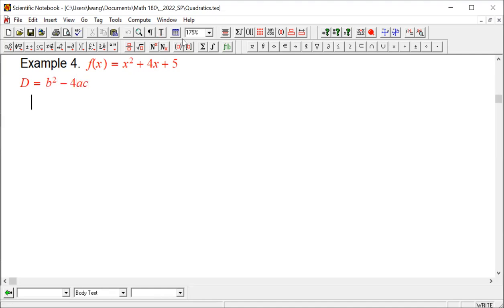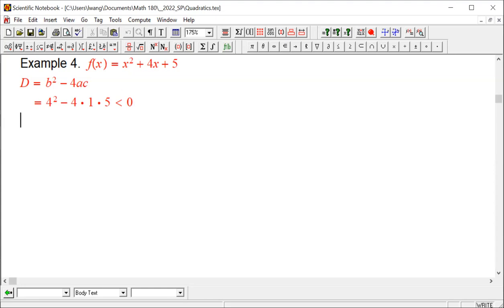So here I have b squared is 4 squared minus 4 times a is 1, c is 5. That's 16 minus 20, that's negative. What does that tell us? It tells us that the curve does not touch the x-axis.